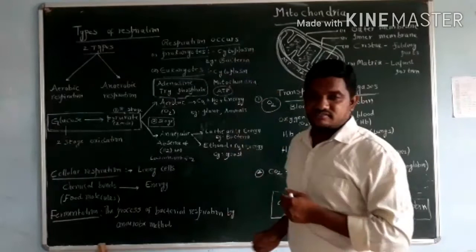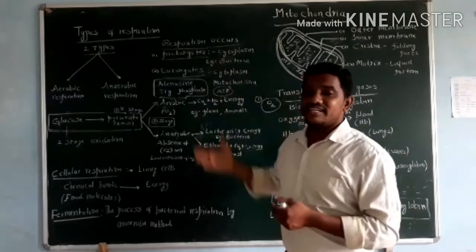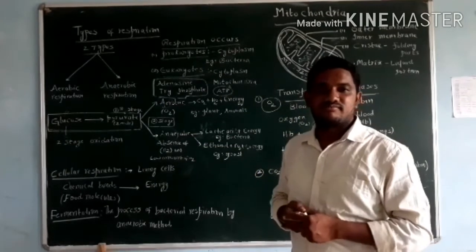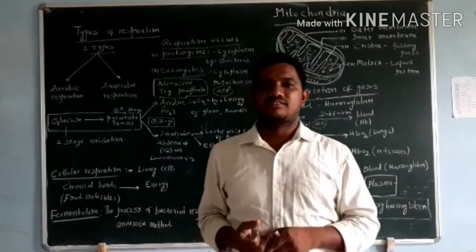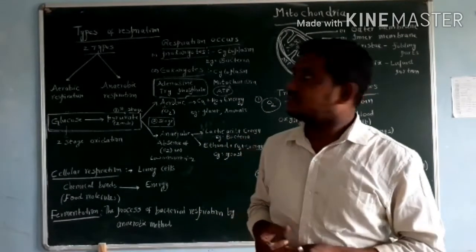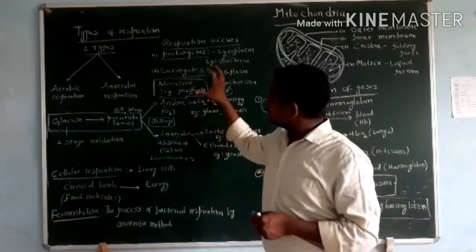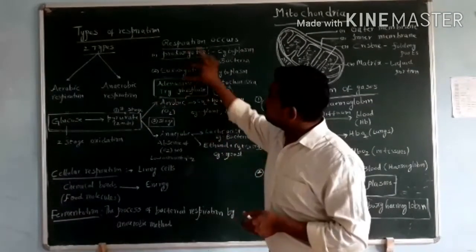Respiration occurs. Where does it occur? It occurs in two types of organisms. Those are called prokaryotes and eukaryotes.